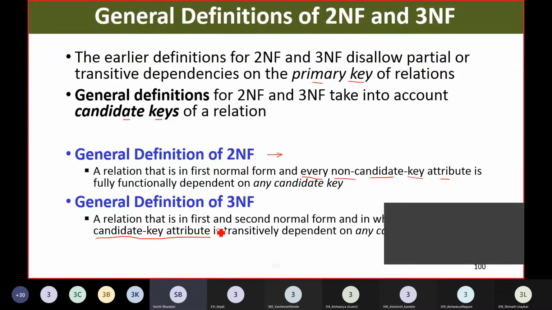These definitions put additional constraints on the relations, and may identify a few hidden redundancies in the relations. So obviously the process of normalization, if we use these definitions, would be more complex.